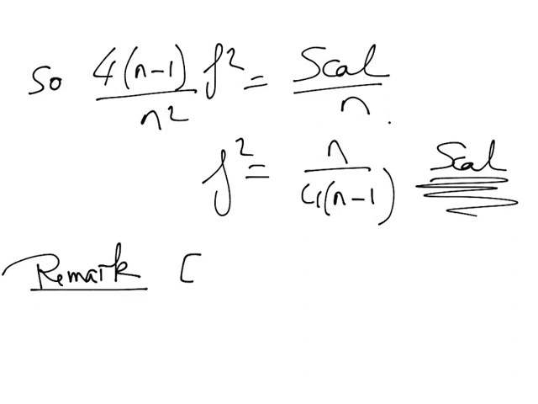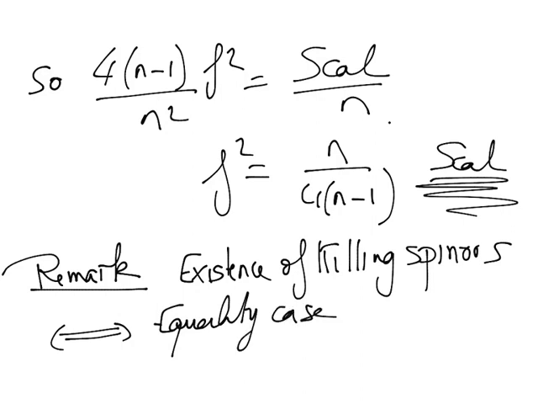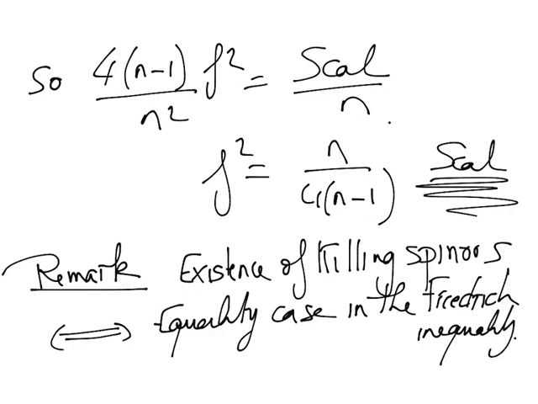The existence of real Killing spinors, of course, characterizes the equality case in the Friedrich inequality, which is characterized also by the manifold M being the sphere, but only in some dimension.